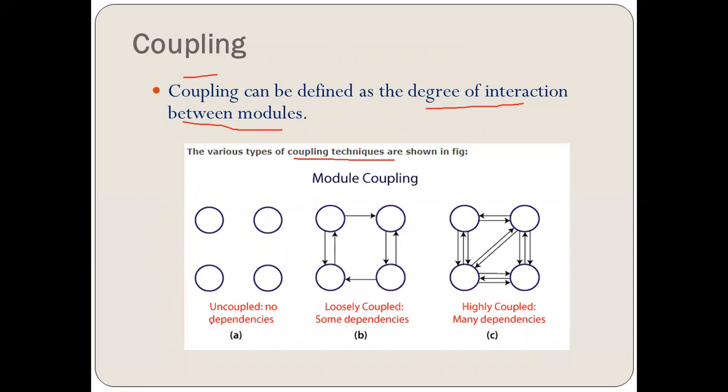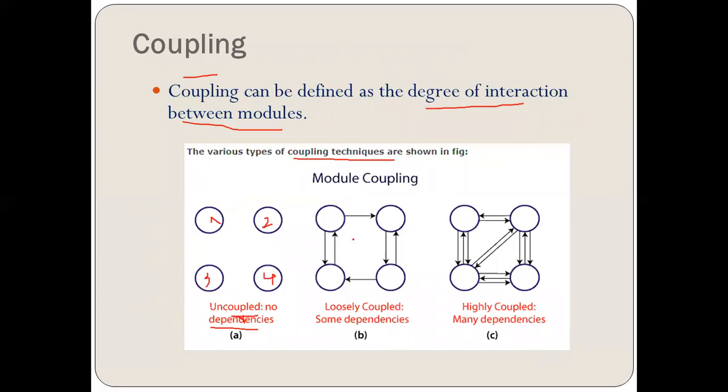First, uncoupled or no dependency. That means if we have four modules, 1, 2, 3, and 4, and there is no interaction between them at all, these are completely isolated. That means they are uncoupled.